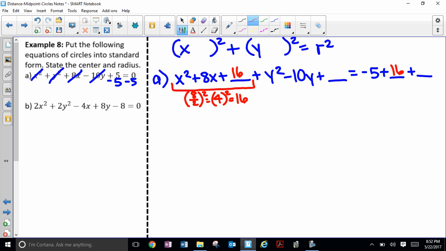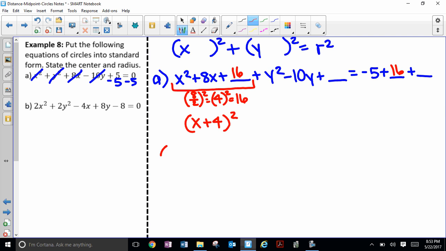And if I do that on that side, I have to do it on the other side of the equal sign. This is important because now this factors into x plus 4 squared. And that 4 came from what you got when you did b divided by 2. I got positive 4 here.